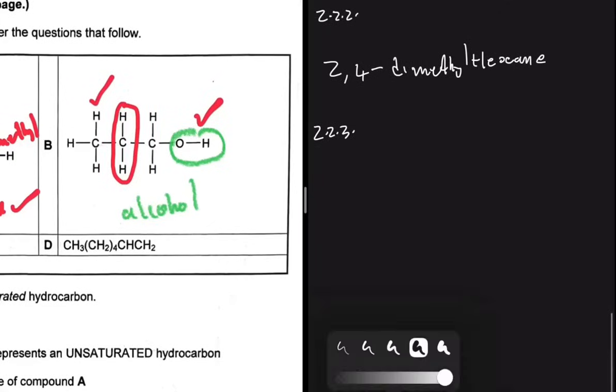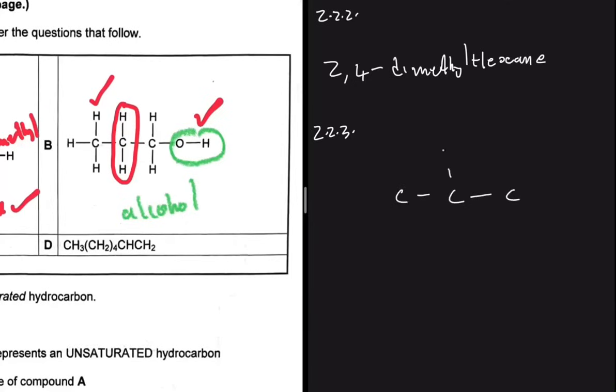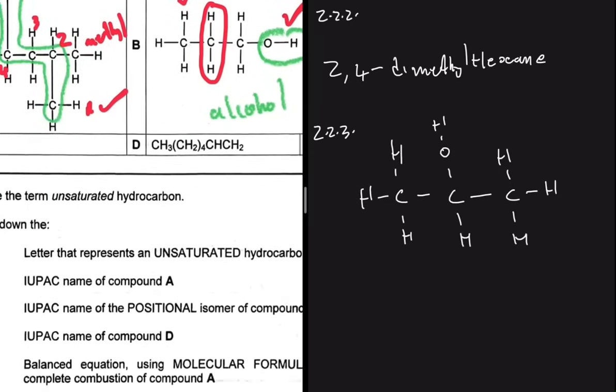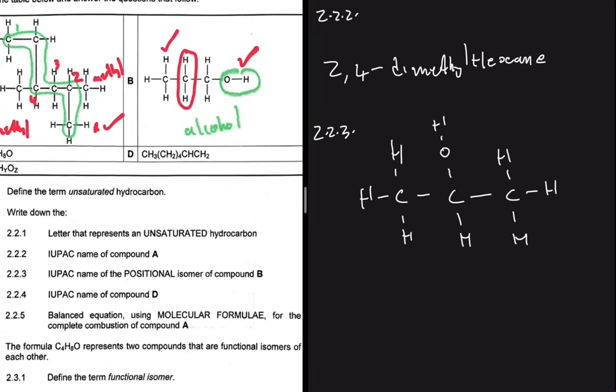And then if we do that, we're gonna have those 3 carbons, and then our OH is now in the middle, right? And then we can fill out the hydrogens elsewhere. So this is the positional isomer of compound B, right? But then we're looking for the name and not the structure, right? But now that we have the structure, it will be easy for us to name.